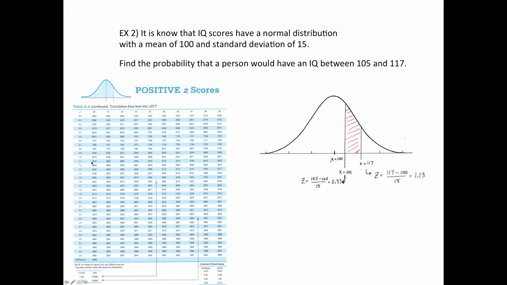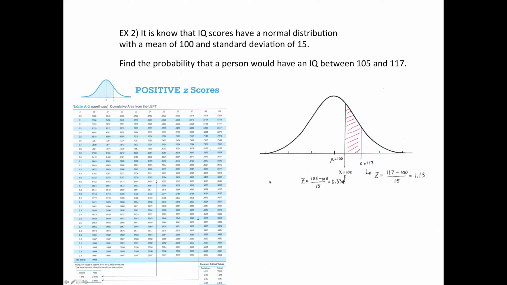So the answer that I got, the 8708, is way too big. You can see that this does not go way to the left forever, and in fact stops right here at 105. So we then need to look up the probability for this z-score, and we're going to have to subtract the two answers to get this small area right here.